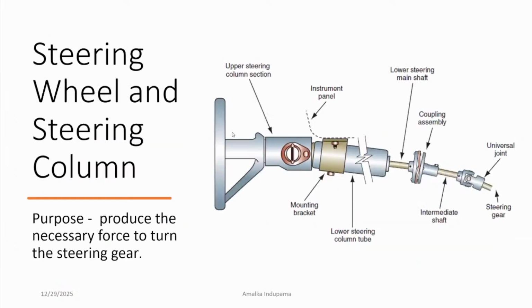And this is the input section, which consists of our steering wheel, the steering column and the universal joints, right? The main purpose of the steering wheel is to detect the driver's input and send it as a twisting force or torsional force to the steering gearbox, right?